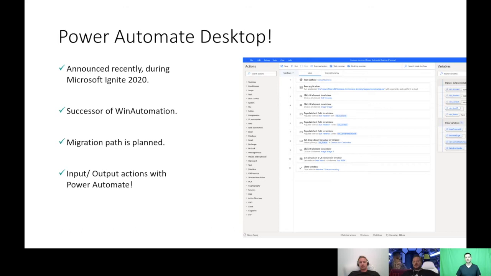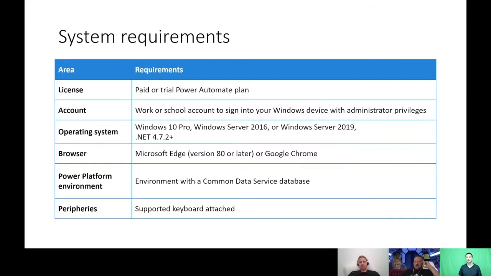Okay, cool. Then that's of course very nice. So maybe the question is, what do you actually need to start working with Power Automate Desktop? There is actually a set of requirements that the machine has to follow. So, the machine and the user. First thing is that we need a paid or a trial license for a Power Automate plan.